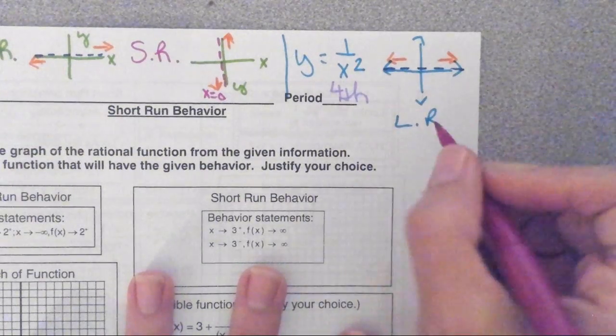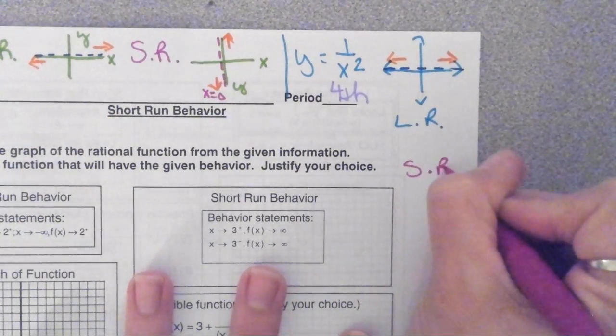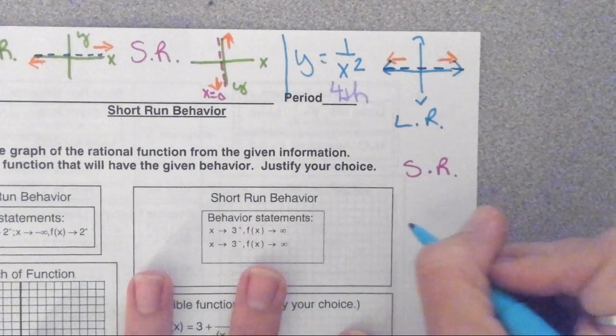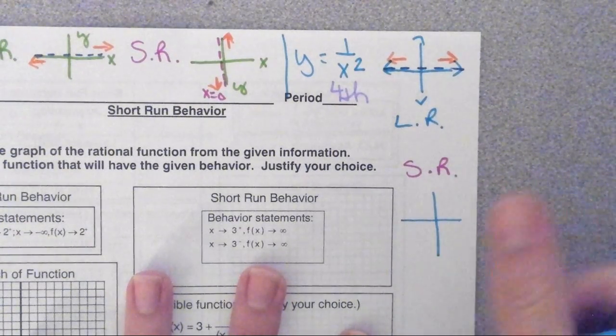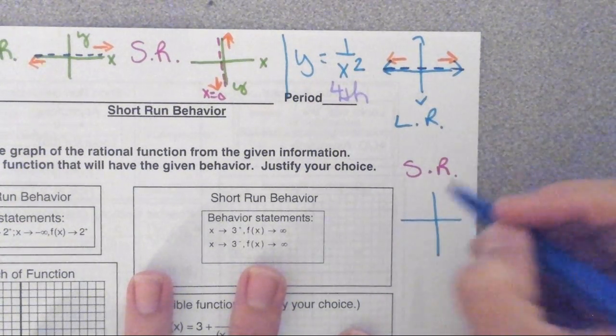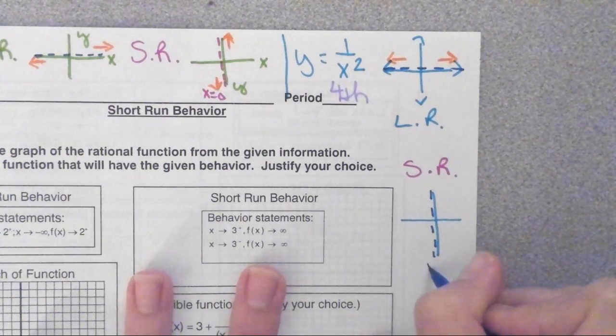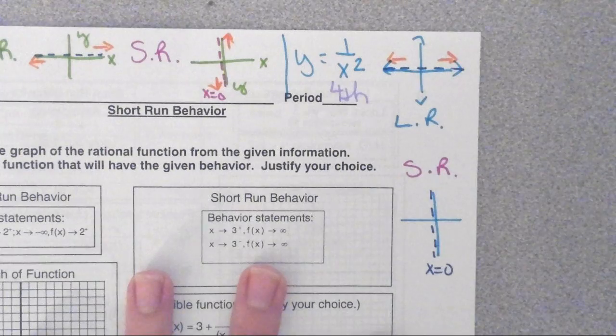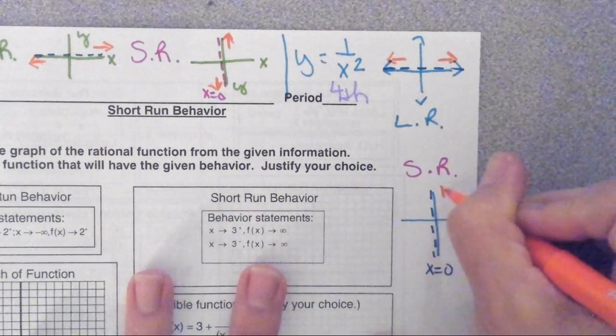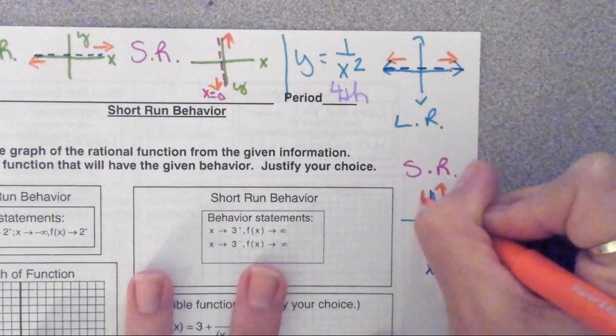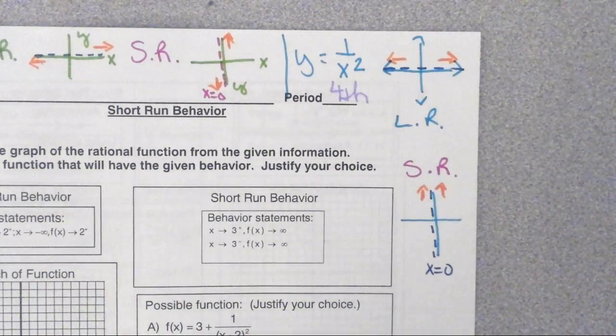The short run, and this is the new piece today, the short run for y equals 1 over x squared is going to be focusing on our vertical asymptote at x equals 0. And they both go up on the left and the right of that line.